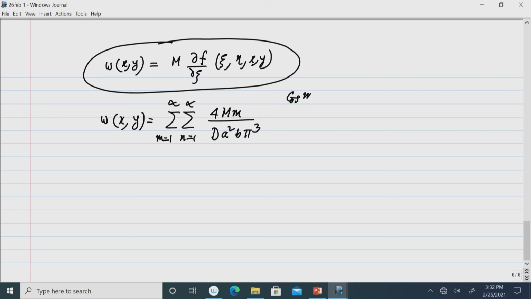So, cos(m pi xi by a), then you are differentiating with respect to xi because the moment is acting along the x axis. So, sin(n pi eta by b) will remain unaffected, and other functions with variable x and y will appear as they are.